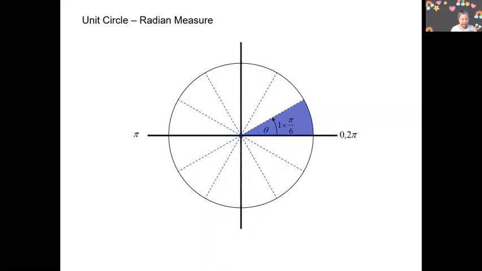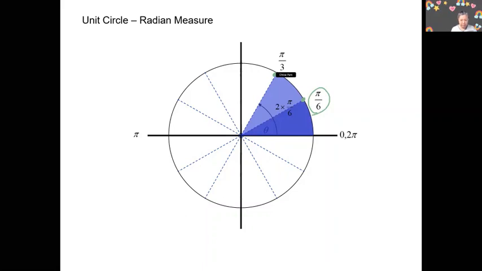Then what if I go into the next? So this is pi over 6 here, right? Then if I have one more piece, that means we have 2 pieces of pi over 6, right? Then it could measure with pi over 3.